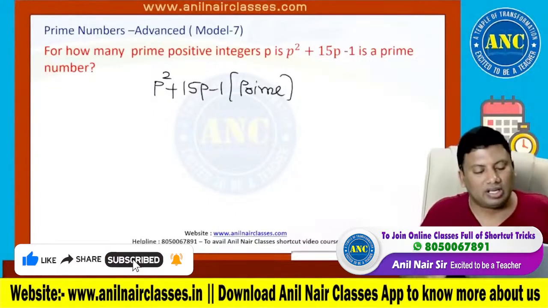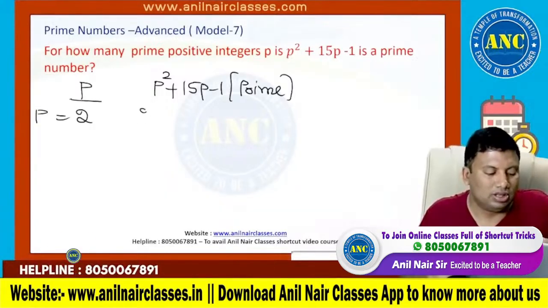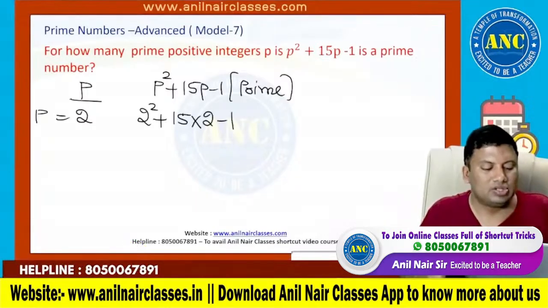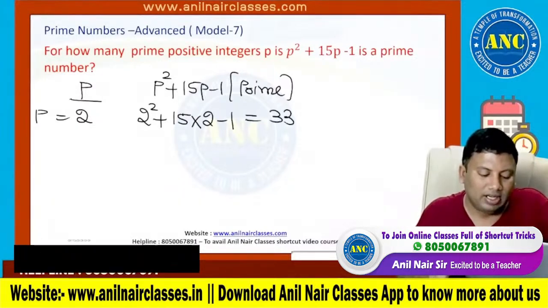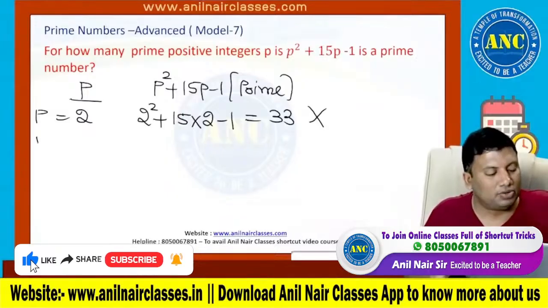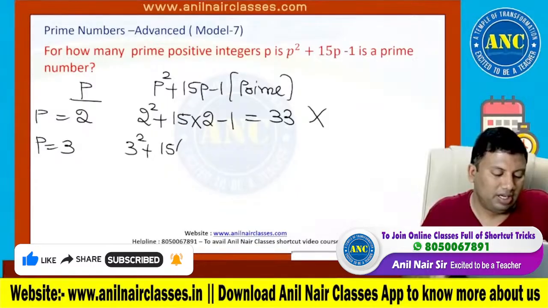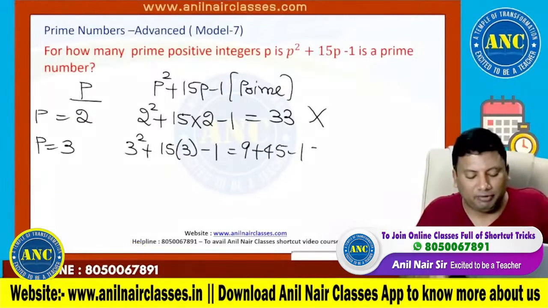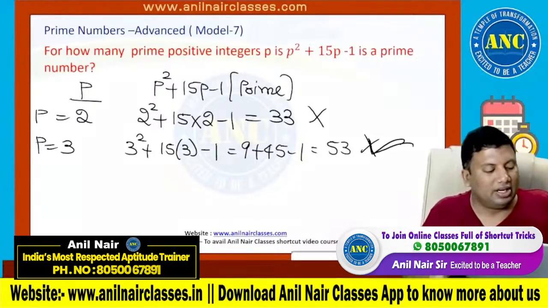If p is 2, this becomes 2 square plus 15 into 2 minus 1: 4 plus 30 is 34, minus 1 is 33. 33 is a composite number. If p is 3, 3 square plus 15 into 3 minus 1: 9 plus 45 minus 1, 54 minus 1 is 53. It is a prime number.